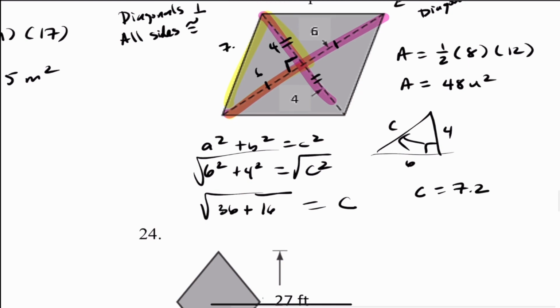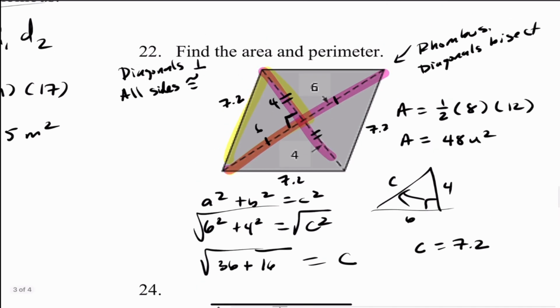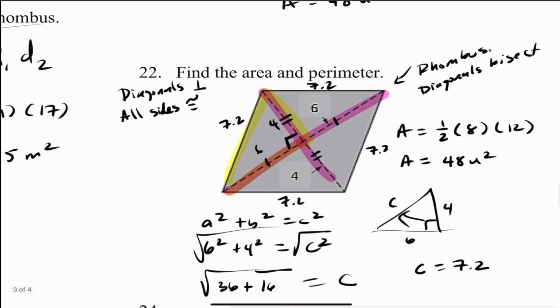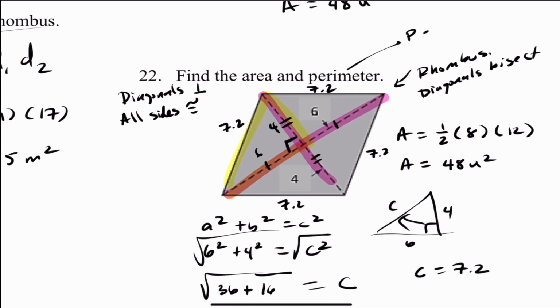So this side is 7.2, this side is 7.2, this side is 7.2, and that side is 7.2. Okay, why? Because all the sides are congruent when it comes to a rhombus, all right? So your perimeter is going to be 28.8 units.